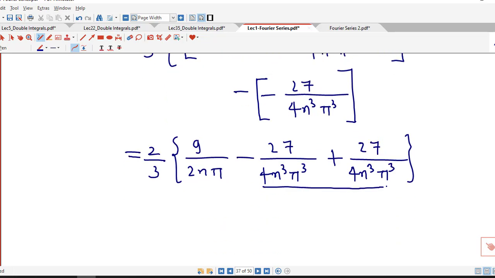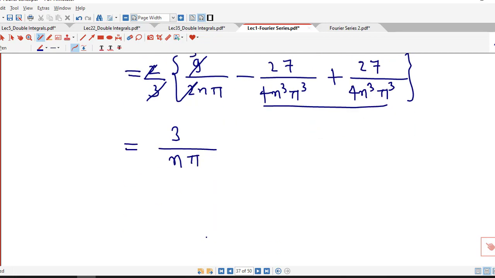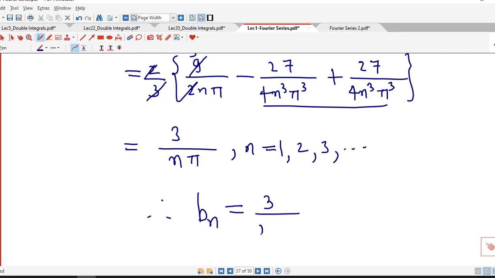So this is going to be 0, and here 2 will cancel out, and this 3 will cancel out, so we have 3 divided by n pi, which is value of each Fourier coefficient Bn. So therefore the Fourier coefficients Bn are given by Bn equal to 3 divided by n pi, n equal to 1, 2, 3 and so on.